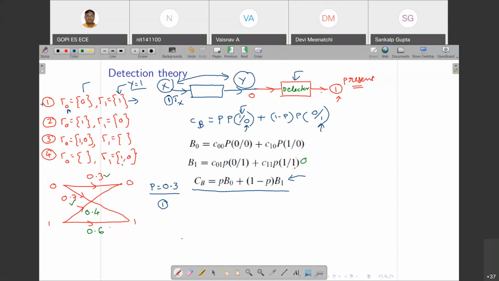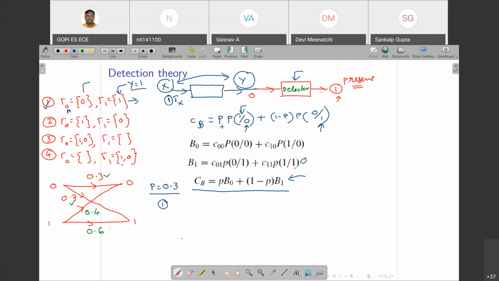As far as the first case is concerned, whatever is available in that channel matrix, those characteristics we have to put here, because the detector follows the same. So when y is 1, you are detecting it as 1, and when y is 0, you are detecting it as 0, right? So there is no change in the rule of the detector.